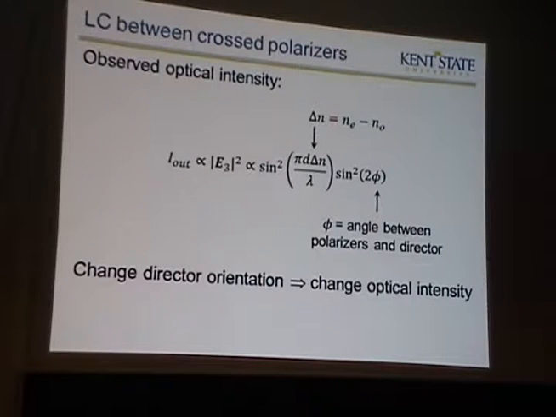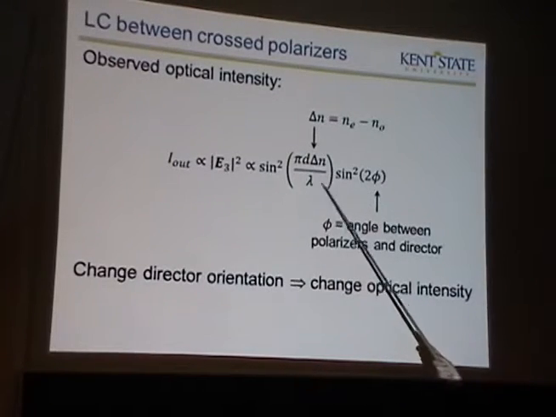And this little calculation shows us the name of the game in designing liquid crystal displays or any kind of liquid crystal devices. These are all situations where you either want to change the birefringence, the delta n, or change the liquid crystal orientation, phi.